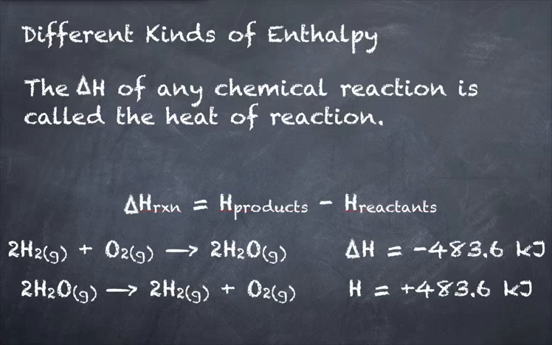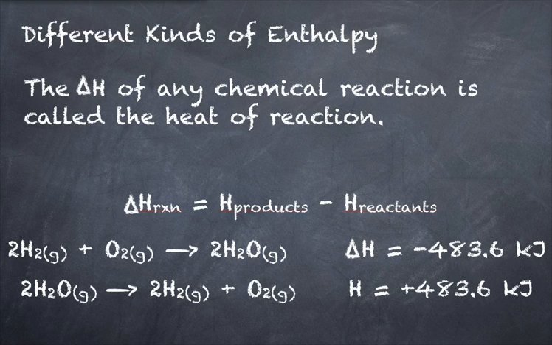So here's an example. We've got hydrogen gas and oxygen gas reacting to form water, and we see that this is going to release an enormous amount of heat. When those two gases come together to form water vapor, it's going to release 483 kilojoules of energy.